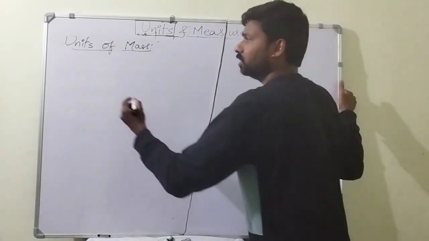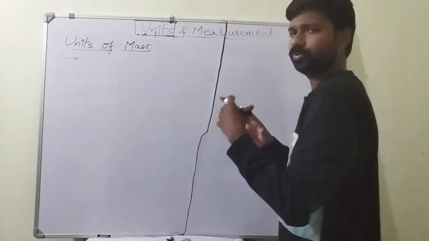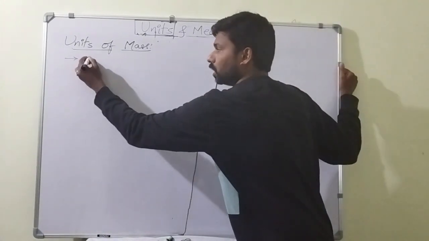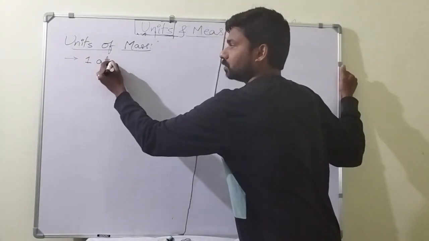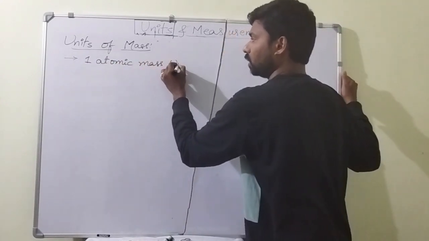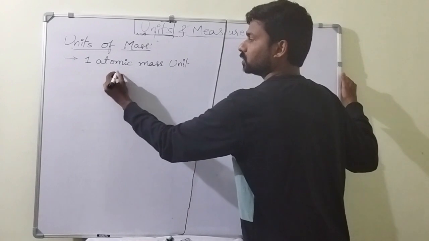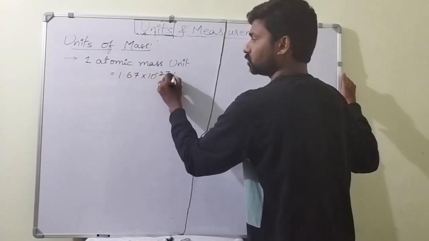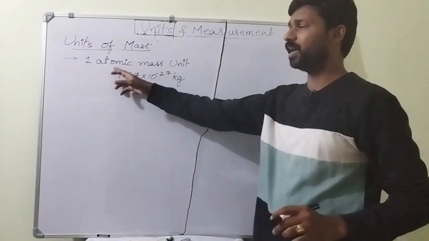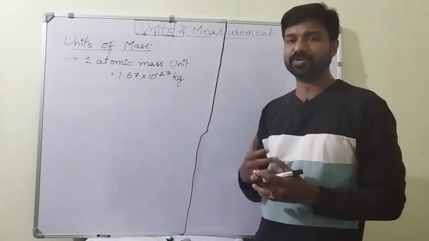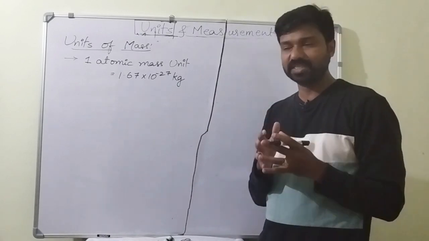Obviously there are few units which you already know, but few more let us discuss. That is one atomic mass unit. What is that? One atomic mass unit is equal to 1.67 × 10^-27 kg. Shortcut is AMU. One AMU is equal to 1.67 × 10^-27 kg.